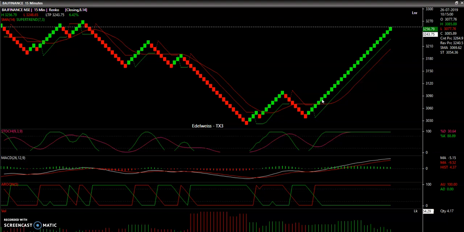I have also discussed how one can use spread analysis to trade Bajaj Finance or probably Procter and Gamble Healthcare like scripts, where the spread between buyer and seller is very big. So how can you use spread analysis to support the thesis whether your trade is right or wrong, right?